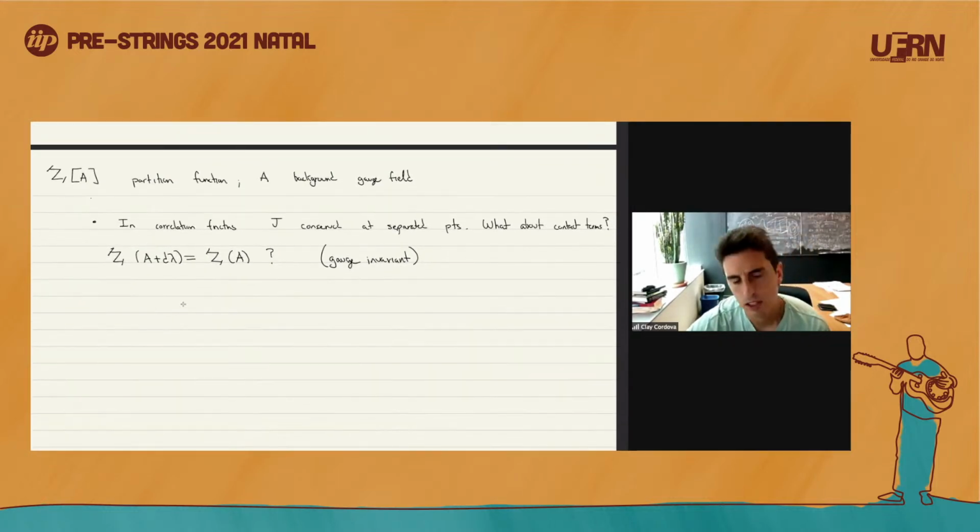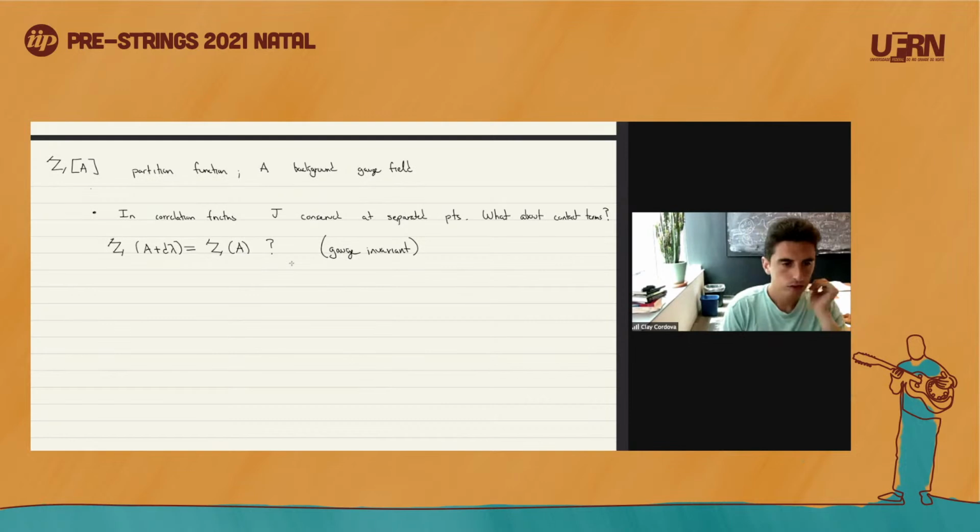Okay, so the answer to this question, is Z of A plus d lambda equal to Z of A, is in general no. In general, we can say something though. In general, we can write Z of A plus d lambda equals Z of A times a phase.